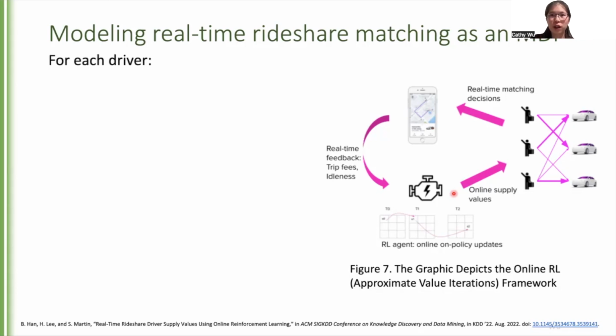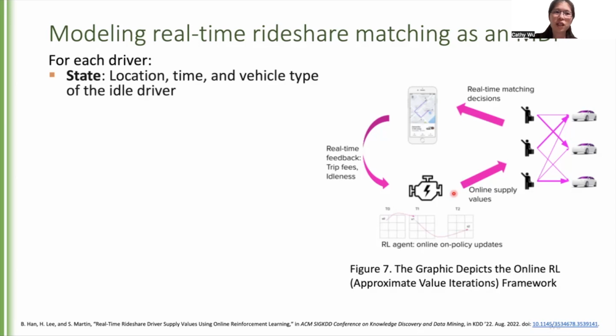Okay, so this is not something that you would know. This is from the paper, and this is not necessarily obvious, but you can think about what you would have come up with. So for each driver, the state of the system might be the location of the driver, the time, say the time of day or the time of week, as well as the vehicle type of the idle driver.